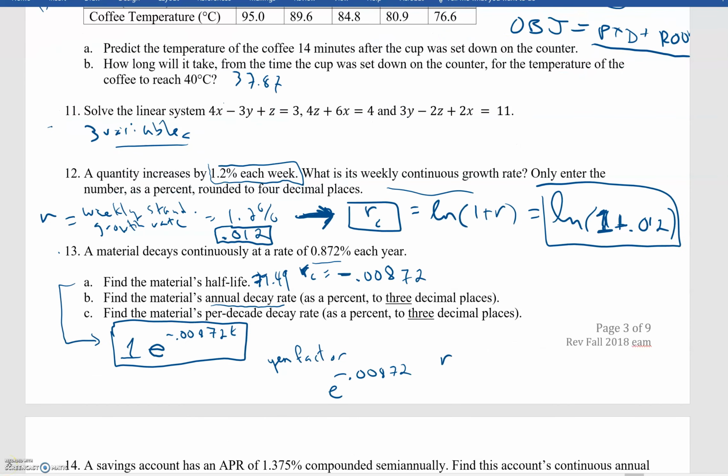And remember that r equals e to the rc minus 1. So if we say e to the negative 0.00872, no variable, and then subtract 1 from all of that, we will get r, which is the growth rate, right? So we want the decay rate, but that'll get us the growth rate, and then we'll just need to change the sign of that value. I think I'm going to have to finish this problem in the next video, so I'm going to pause here.